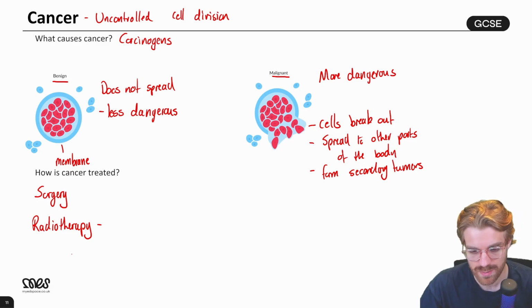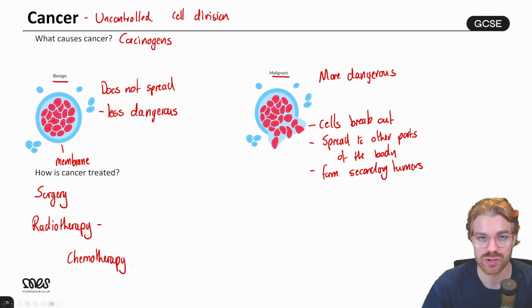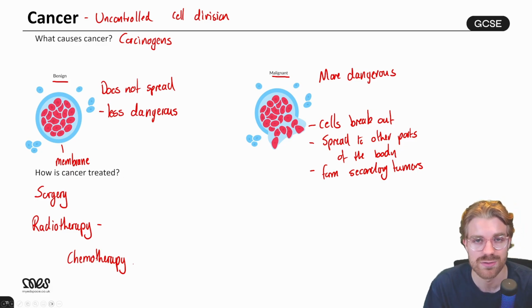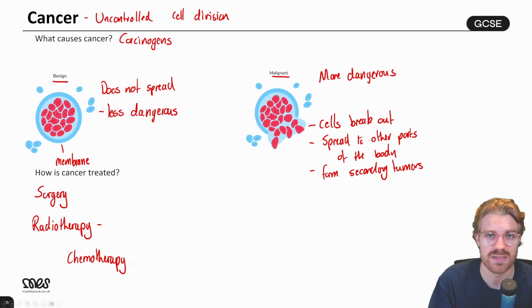Our final type of cancer treatment is chemotherapy. Now, chemotherapy is where certain chemicals that kill cells or stop cell division are administered into the body. Now, the tumours, because they are dividing rapidly and uncontrollably, are going to be using up lots and lots of resources and nutrients.